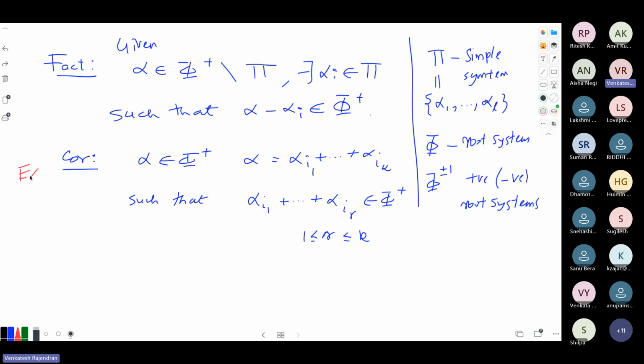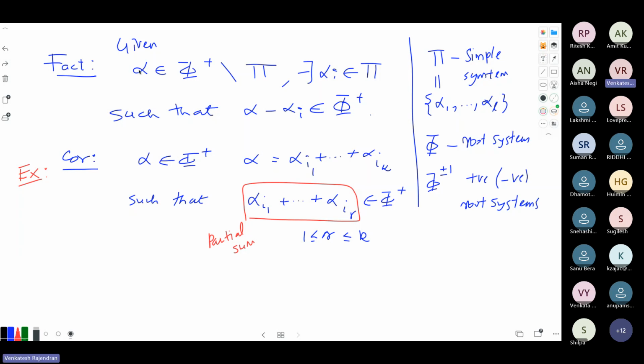Maybe I'll leave it as an exercise. Any positive root can be written as a sum of simple roots so that when you take the partial sums, each must be a root. That's simple. You read it from left to right or right to left, it doesn't matter. Each step you will be getting a root.